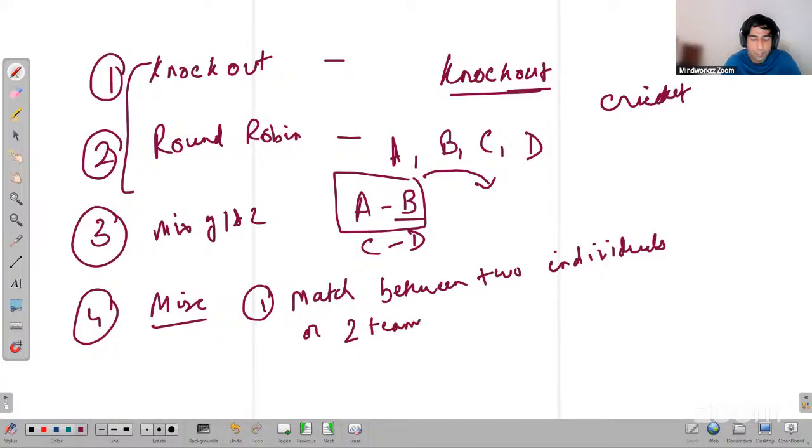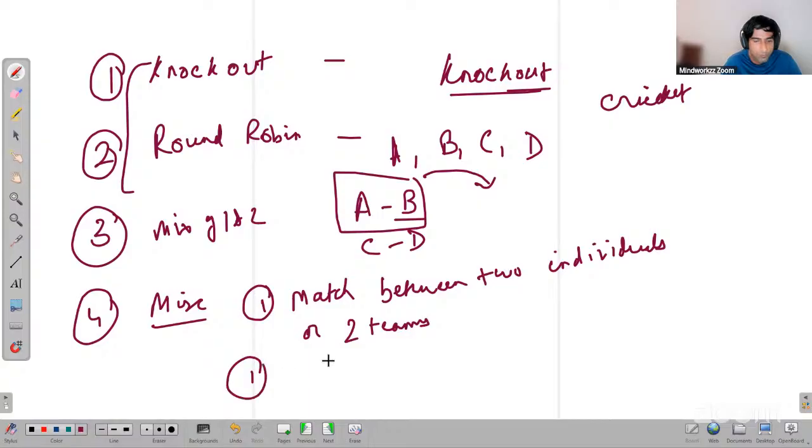It could be between three teams, four teams as well, but for the sake of simplicity, we are going to discuss two teams and two individuals right now, because mostly questions are based on that only. Sometimes you'll get a question based on three teams, four teams, etc. If you get a question like that, they'll always explain the structure to you.